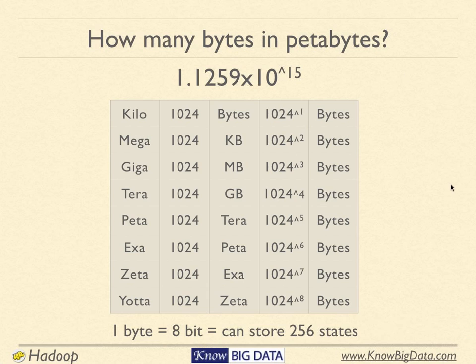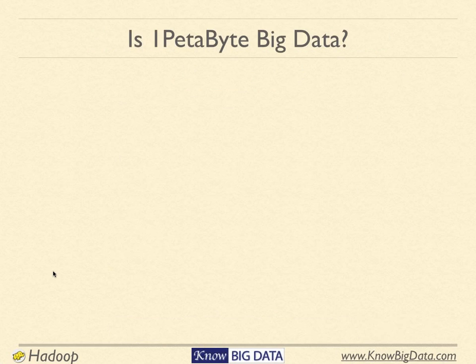All right, brilliant. So now we know what a petabyte is. My question now is, is 1 petabyte big data? 1 petabyte has 15 zeros, and big data, as we talked about, is data that cannot be easily handled on a single computer. We require a distributed architecture. So do you think 1 petabyte is big data?